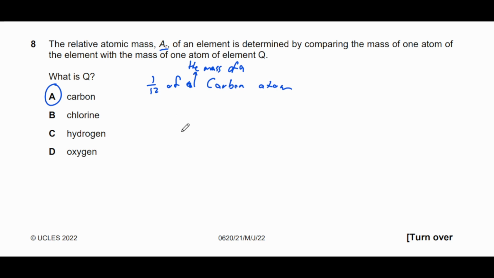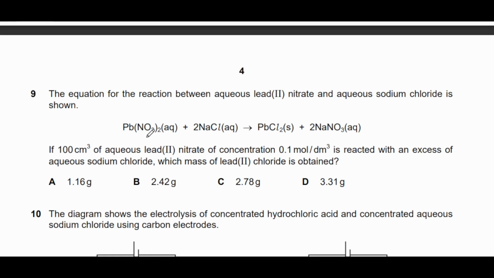Okay. Next, the equation for the reaction between aqueous lead nitrate and sodium chloride is shown. If 100 cm³ of aqueous lead nitrate of concentration 0.1 mol per dm³ is reacted with an excess of aqueous sodium chloride, which mass of lead chloride is obtained? Okay, so they give you the concentration and volume of lead nitrate.